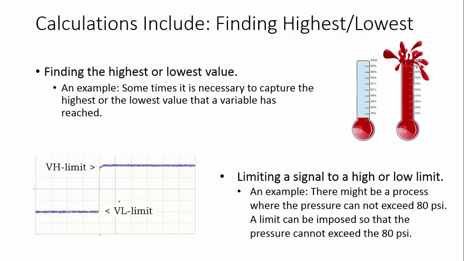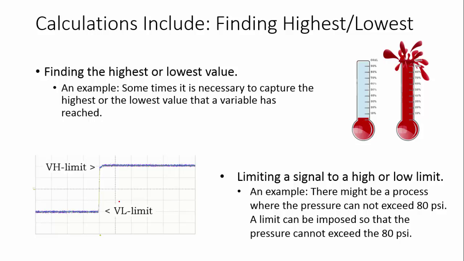Other calculations include finding the highest and lowest value. Sometimes it's necessary to capture the highest or the lowest value that a variable has reached. You may need to know how much pressure this system actually had on it, or what is the highest or the lowest temperature that this process reached.